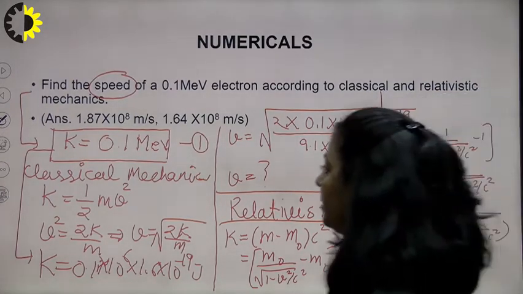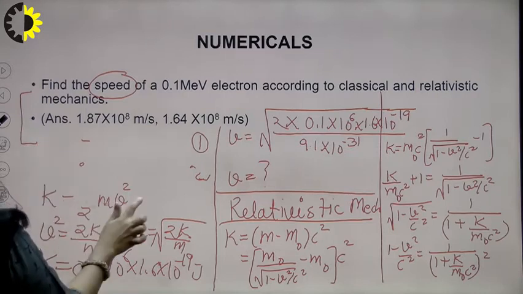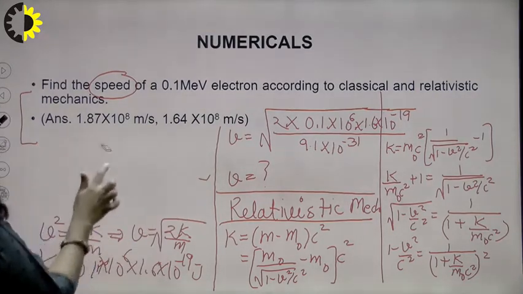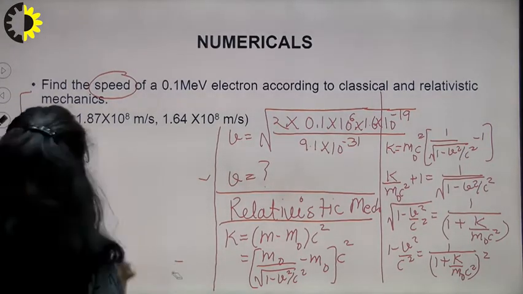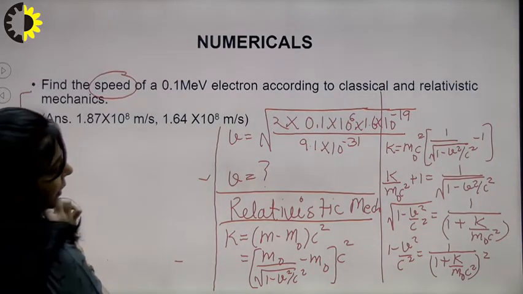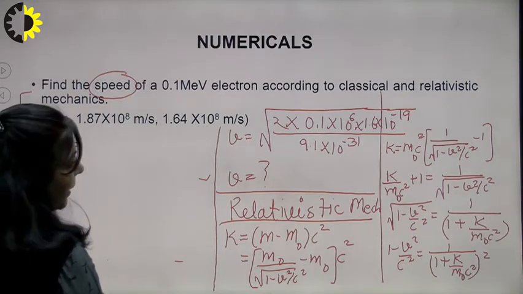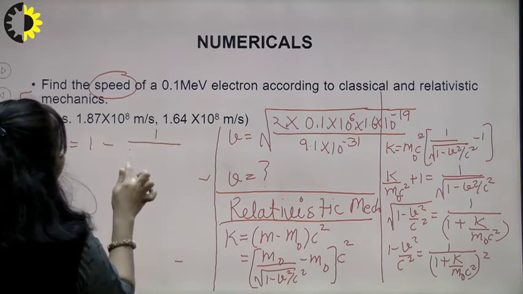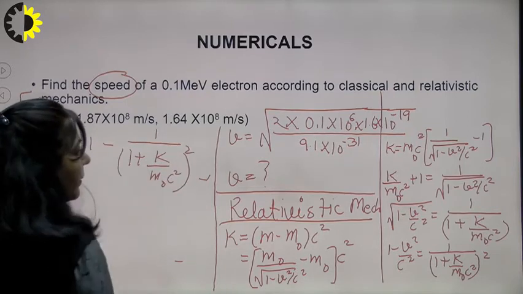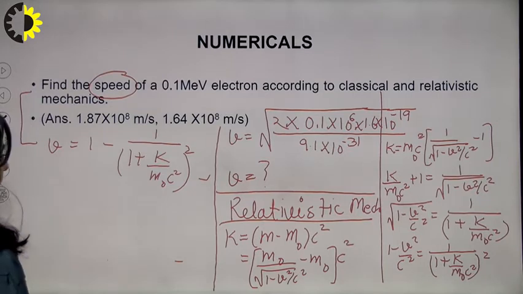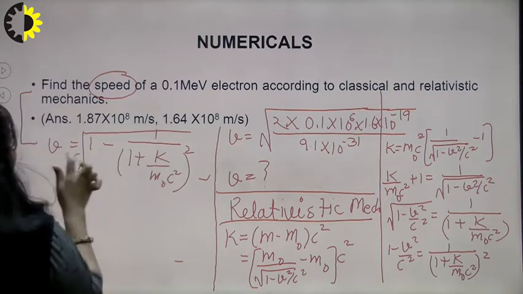So just simplify it. After simplifying, you are getting here v is equal to 1 minus 1 upon (1 plus K upon m naught c square) whole square, into c.